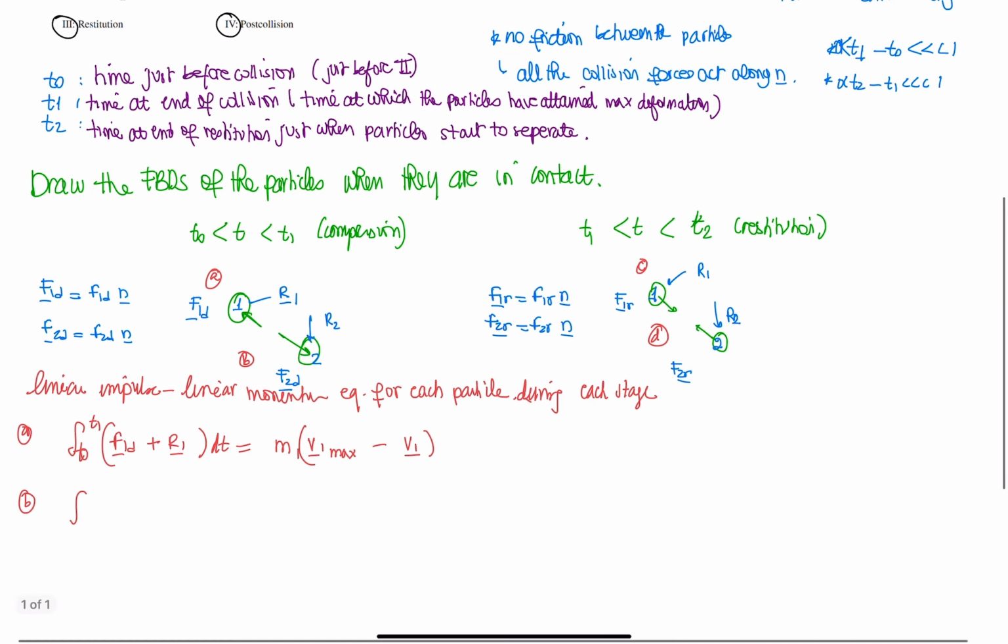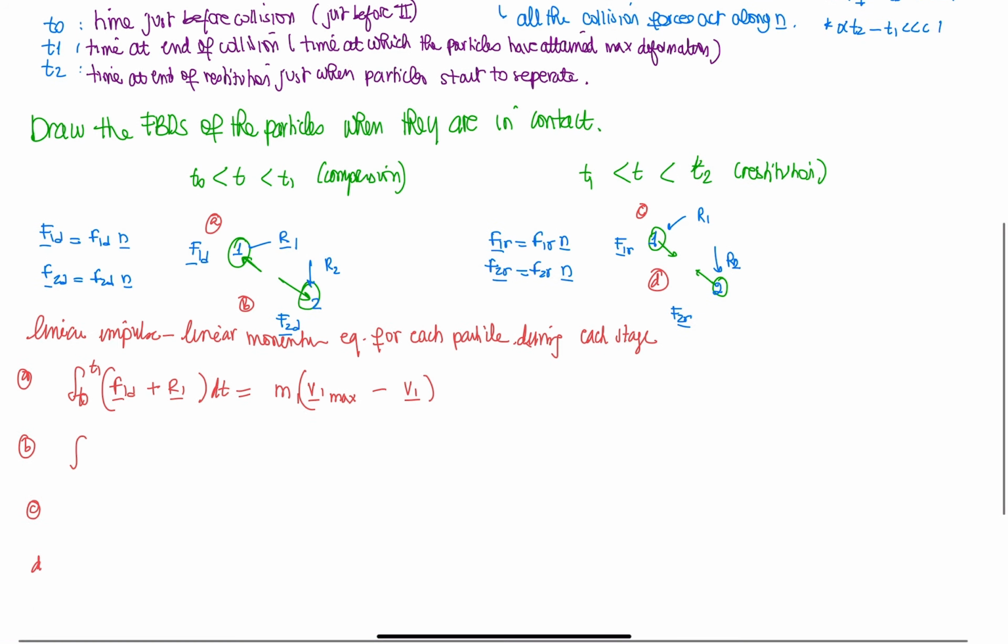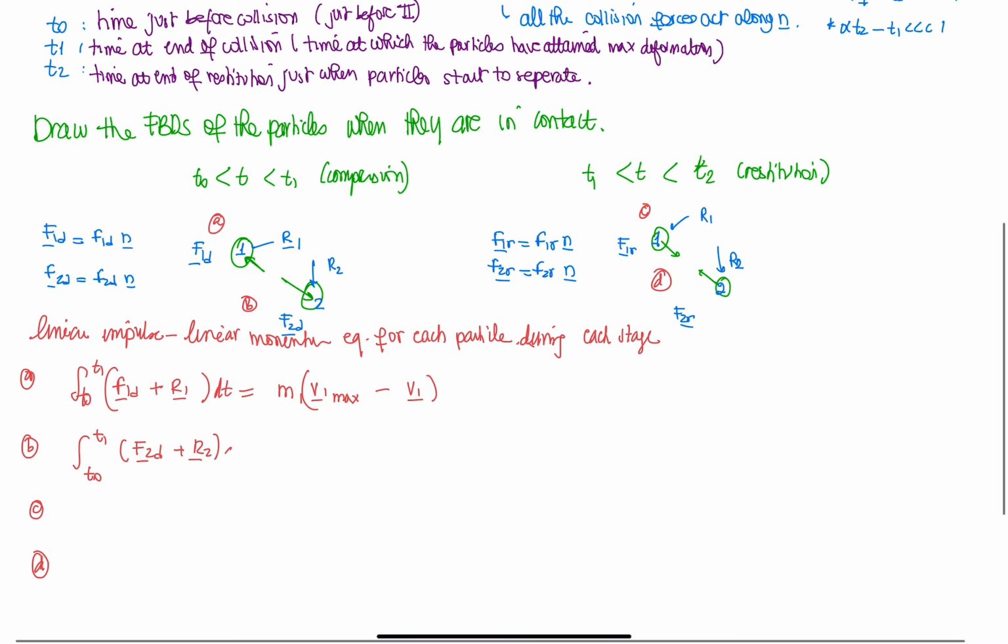For B, that would be the integral from T0 to T1 of F2d plus R2 dt, which is equal to m2 times v2 at the max collision minus v2 pre-collision.